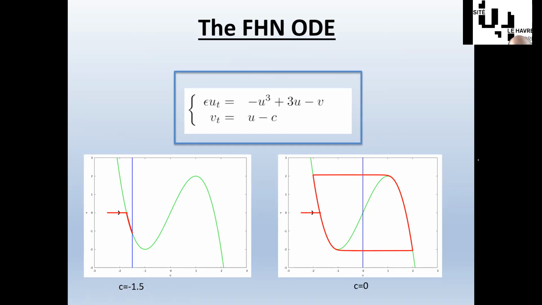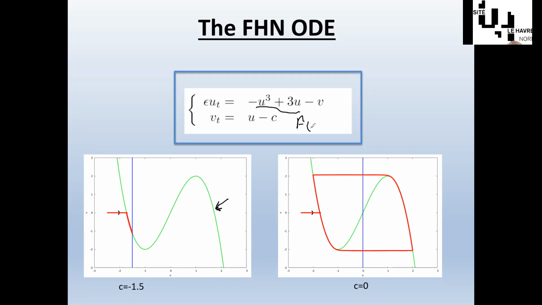So here in green, it's the first nullcline. This one I call f of u.